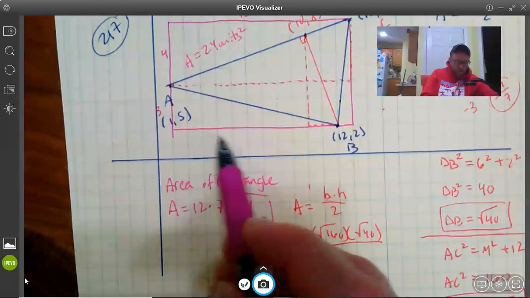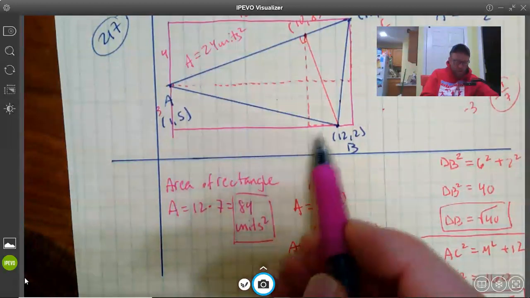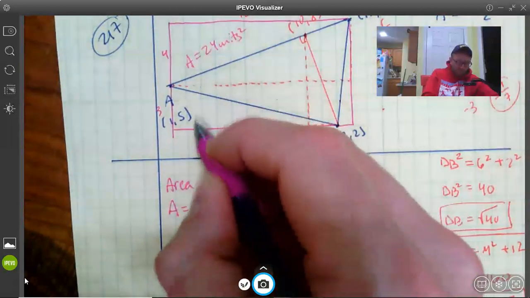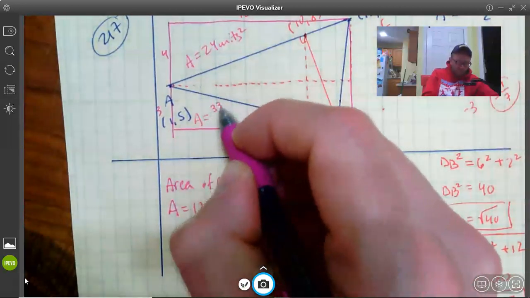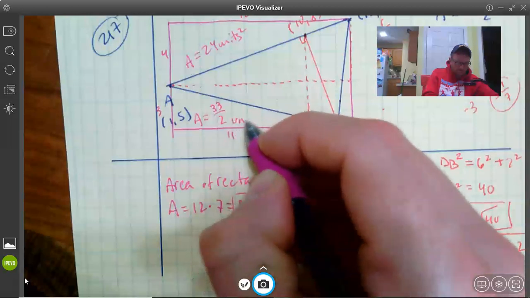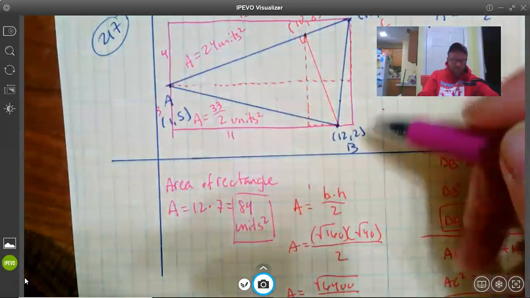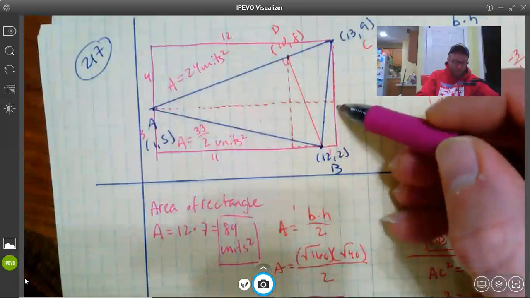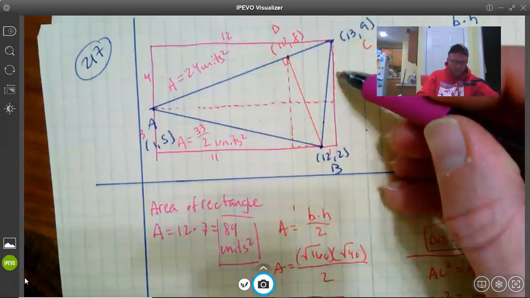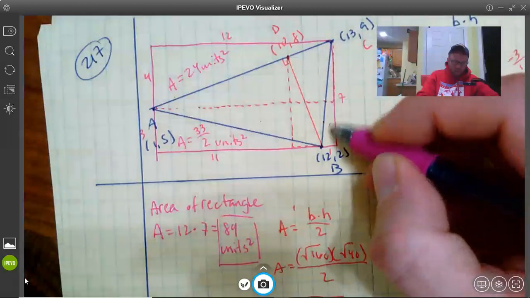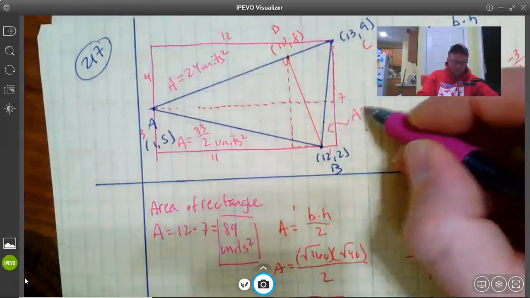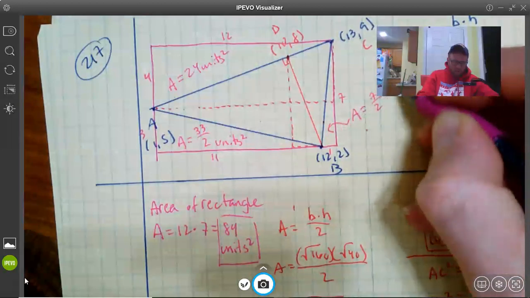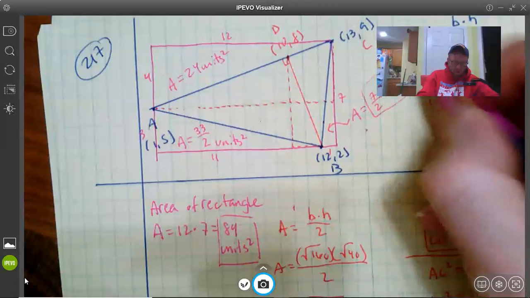It's 1, 2, 3, 4, 5, 6, 7, 8, 9, 10, 11. So 3 times 11 is 33. So 33 over 2 units squared. And over here it's 1 by 1, 2, 3, 1, 2, 3, 4, 5, 6, 7. So the area of that little one is 7 over 2 units squared.